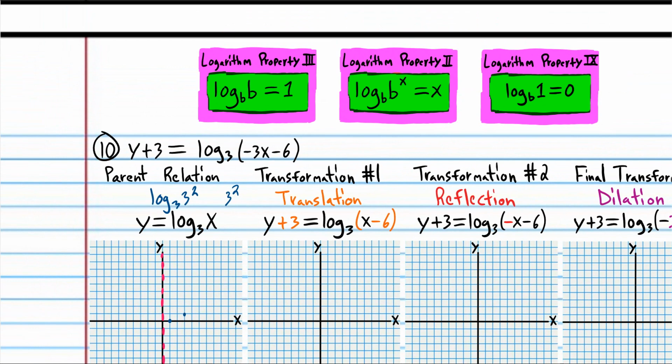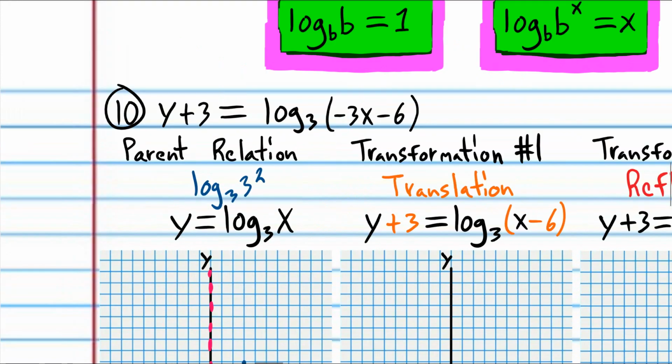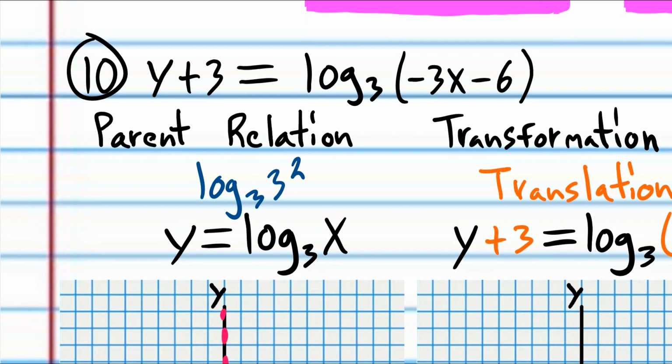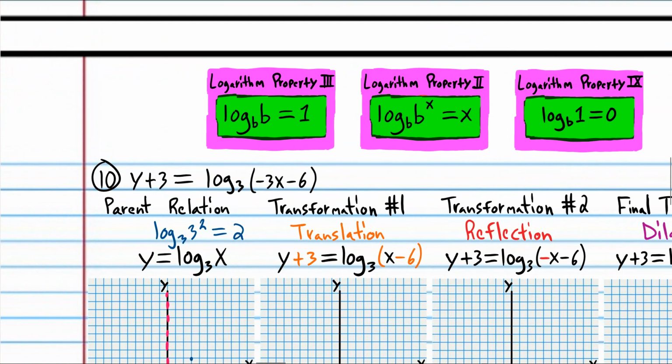And then we can use logarithm property 2 up here. So that's a lot of fancy talk to basically say that that is equal to whatever that exponent is, which is 2. Okay, that's logarithm property 2. I know that stuff seems really complicated, but that's stuff that we've already gone over in previous classes. If you forgot, that's okay, but you need to jog your mind right now.